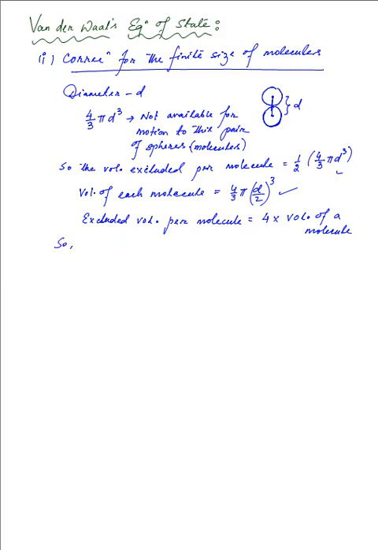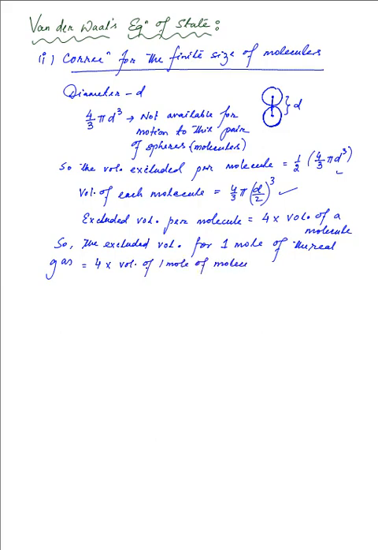So the excluded volume for 1 mole of the real gas is equal to 4 times the volume of 1 mole of molecules, which is quite straightforward from what we have obtained till now.